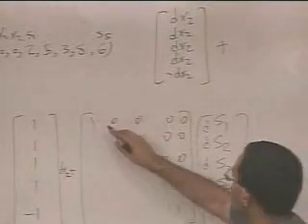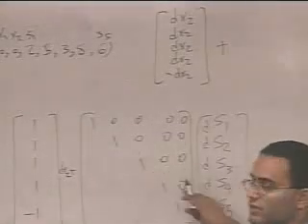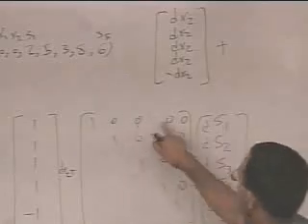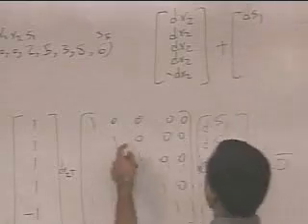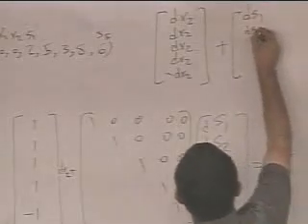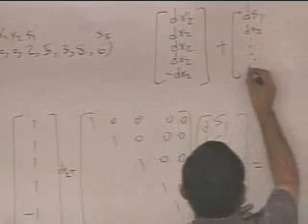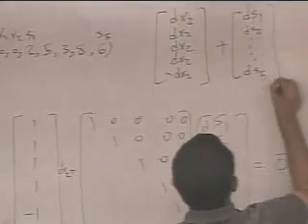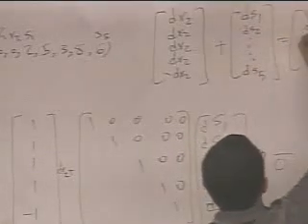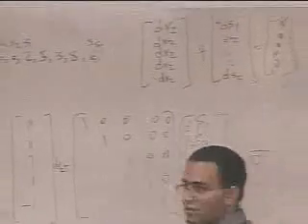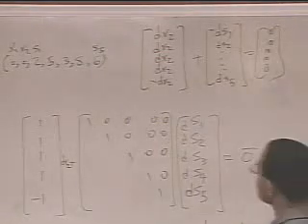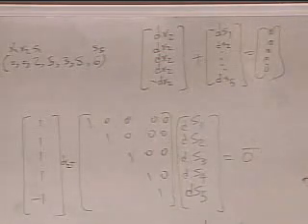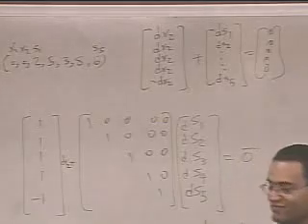Now multiply this matrix by this vector. It would be 1 multiplied by ds1, the rest are 0. So this gives ds1. The second one gives ds2, until the last one, which gives ds5, equals 0, 0, 0, 0, 0. This is exactly the same thing as this. Good. So you should feel comfortable switching between matrices and equations.